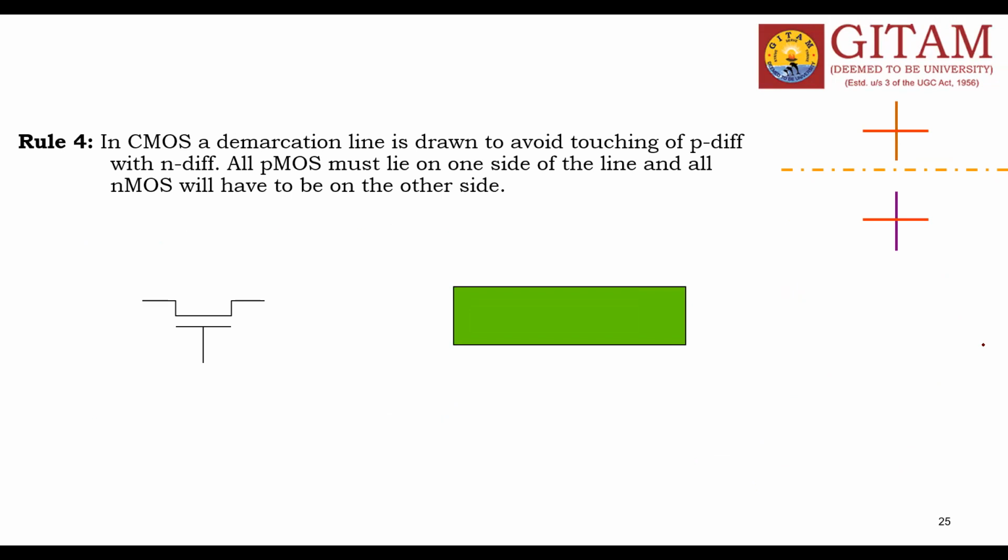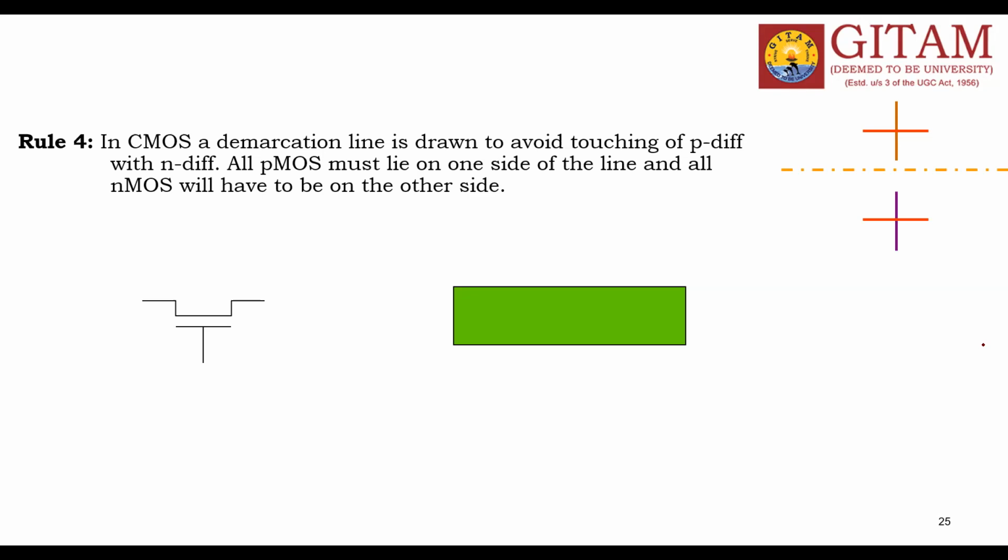In CMOS technology, as we already studied, we have to keep both NMOS and PMOS transistors in equal number. To avoid confusion, the demarcation line is required to separate the PMOS and NMOS devices.